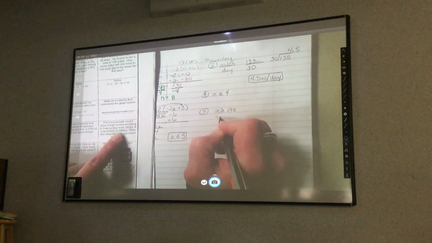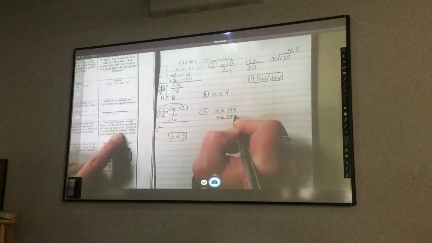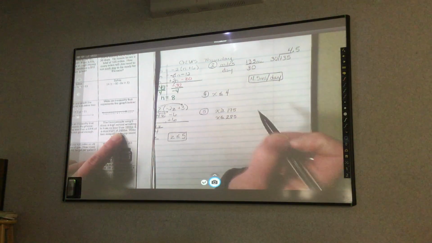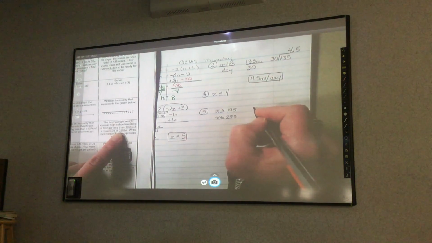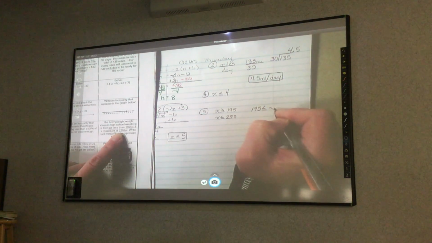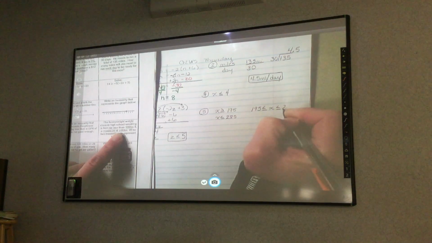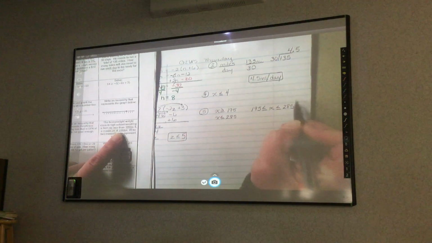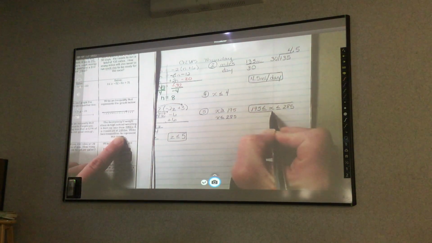So x is going to be less than or equal to 285. Now, in order to write this with one variable, you would say 195 is less than or equal to x, and x is less than or equal to 285. This is how you want to write the inequality.